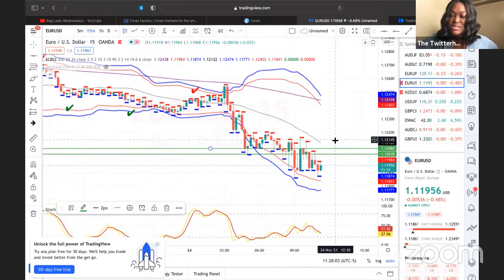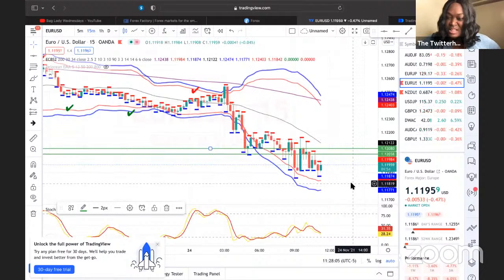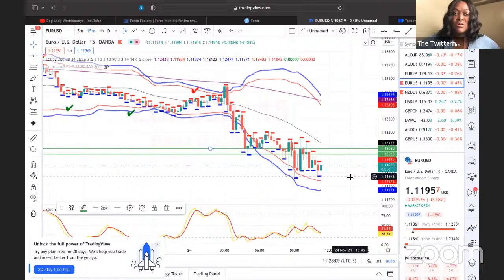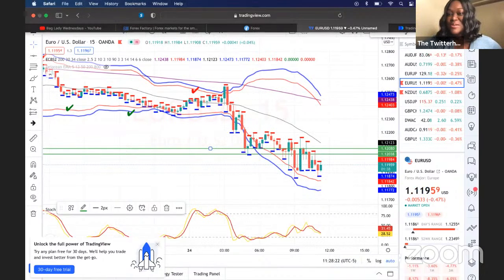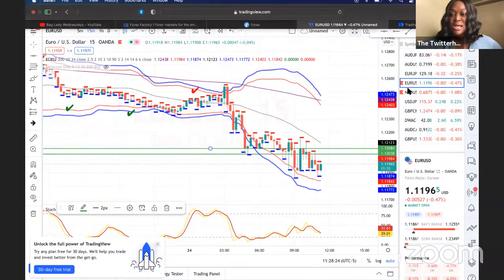Right now, I would say 038 or higher for the south side, for a bearish move on Euro USD, just really quickly. And let's see if it comes anywhere near there, trying to catch something for 11:30.